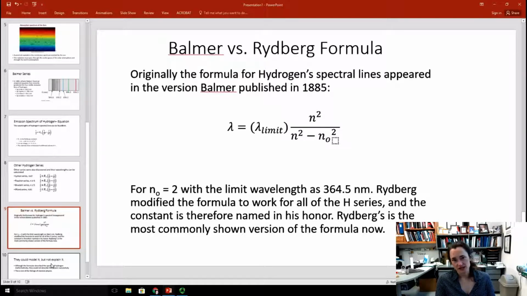So this was the first version that Balmer published, and then Rydberg's is the more commonly shown version of the formula now. He modified the formula to work for all of the hydrogen series. All you had to do there was change that first number, 1 over 1 squared, 1 over 2 squared, etc. That's the most commonly shown now, and the Rydberg constant was named after him for making that contribution.